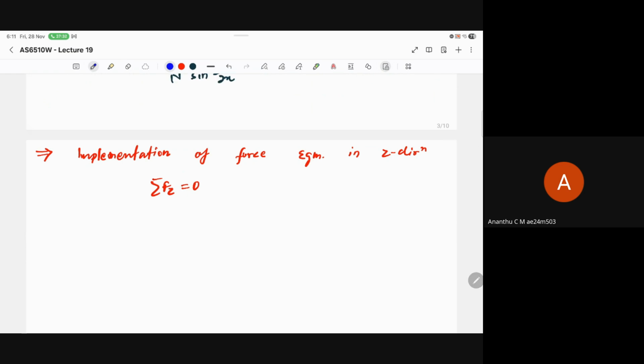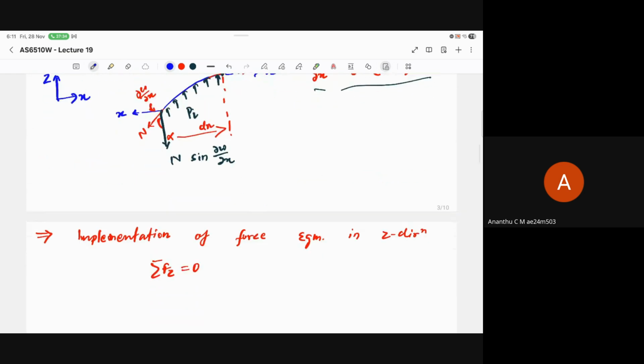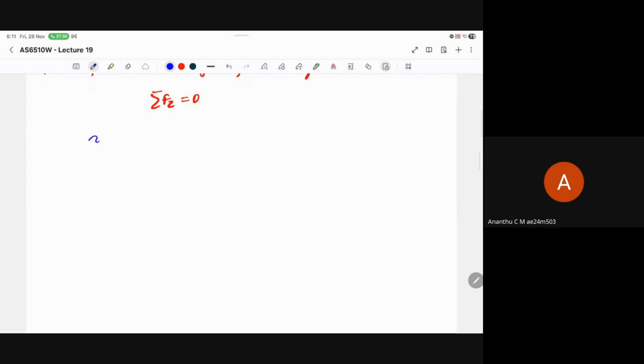Positive z direction is the upward direction or out of plane. So let me write, positive z direction forces are positive, and positive z direction is out of plane. So Pi is in the positive z direction acting on dx and dy.